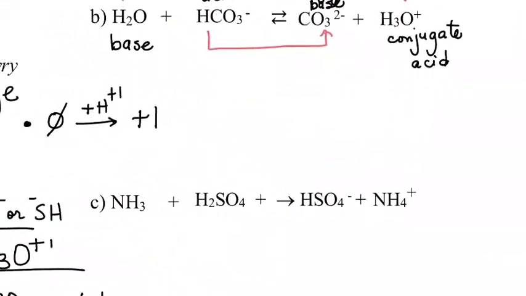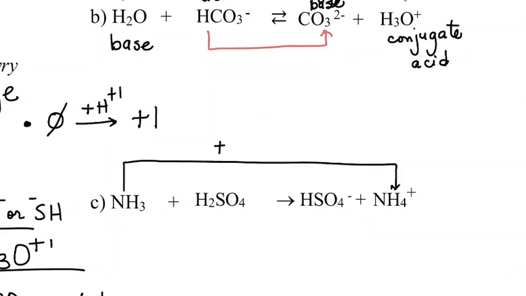So when it comes to the last example that we have, as you can see here, we have ammonia and we have sulfuric acid forming HSO4- and NH4+. So if we label these molecules, we can see that ammonia changed to NH4+.